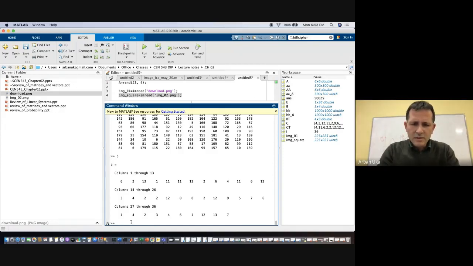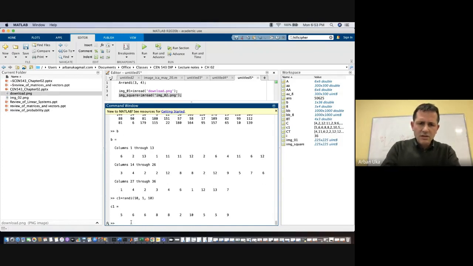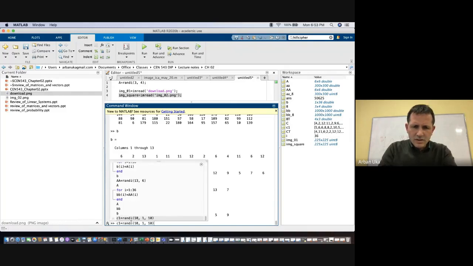And similarly, let's assume that we have C1, which is a vector. This can be a random number generator, 1 by 10. So this is one row, 10 columns, and the maximum value is 10. Here we can have again C2.